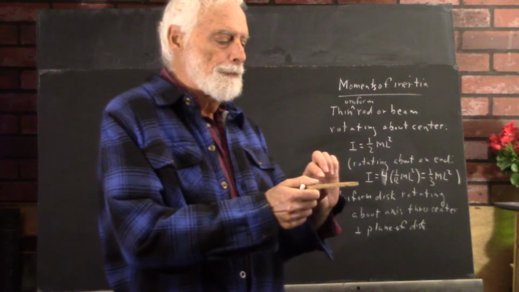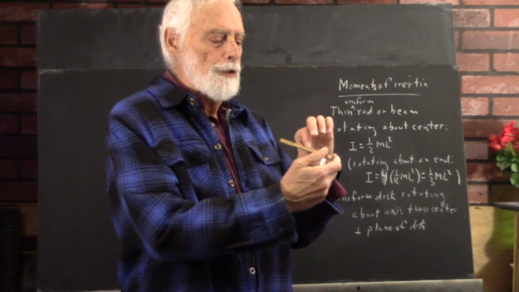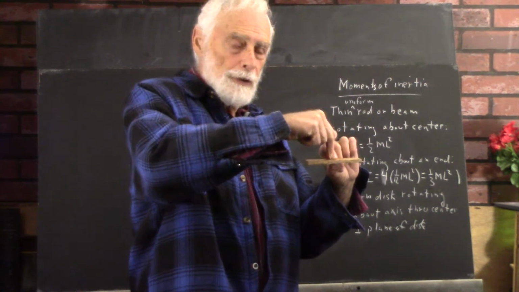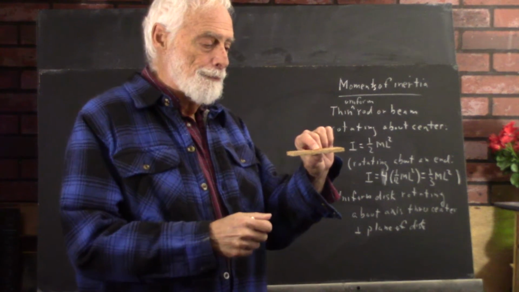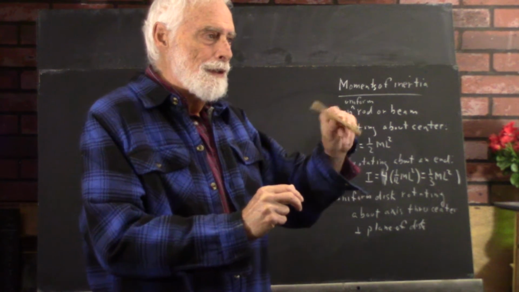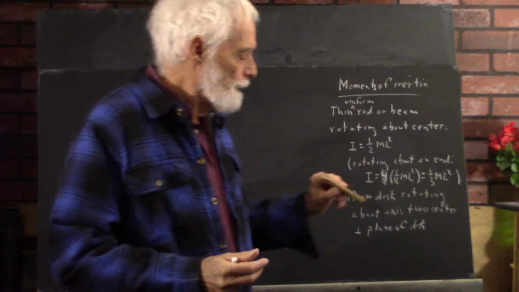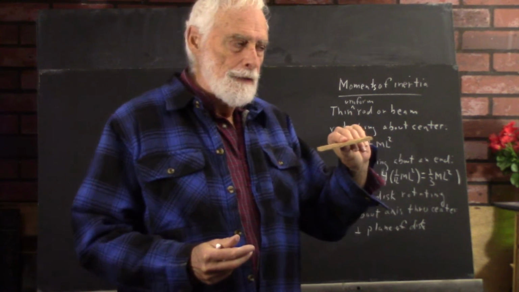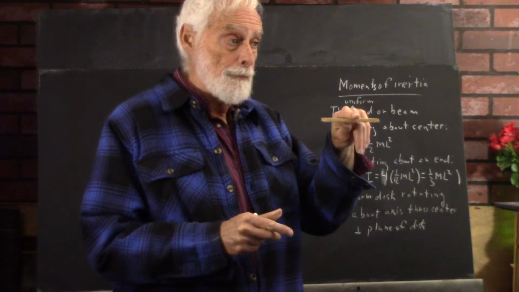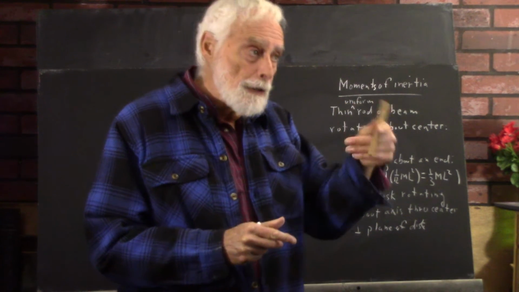It's not a disk, but imagine this is a disk, and you're rotating this way. Then you've got the disk rotating about an axis through the center, perpendicular to the disk. If it's rotating this way, the moment of inertia is going to be different. Okay, and we say then that the axis goes through the center, but it's in the plane of the disk.